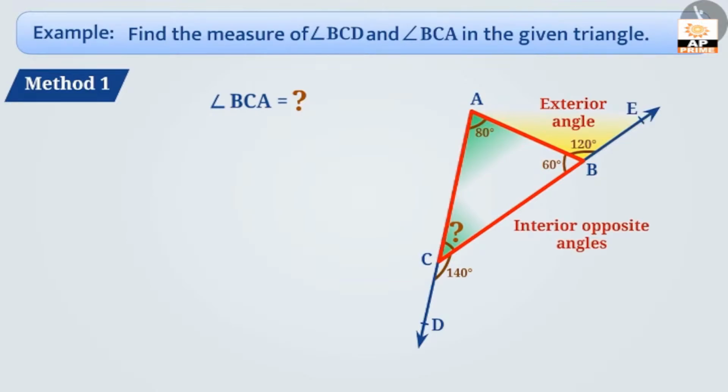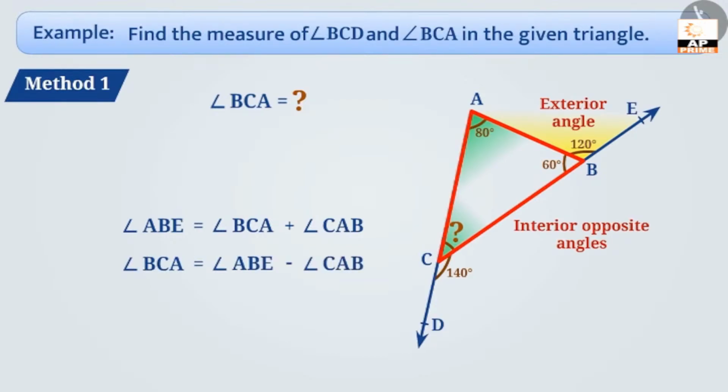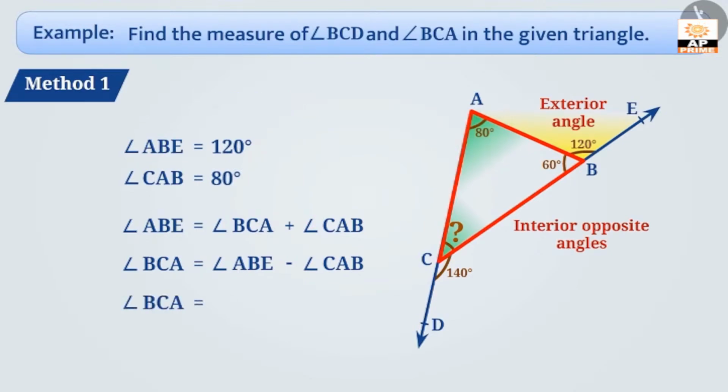So, we can say that angle ABE is equal to angle BCA plus angle CAB. Or we can write it as angle BCA is equal to angle ABE minus angle CAB. Since angle ABE is equal to 120 degree and angle CAB is equal to 80 degree, therefore, angle BCA is equal to 120 degree minus 80 degree is equal to 40 degree.